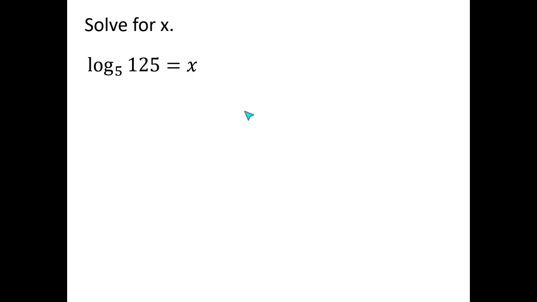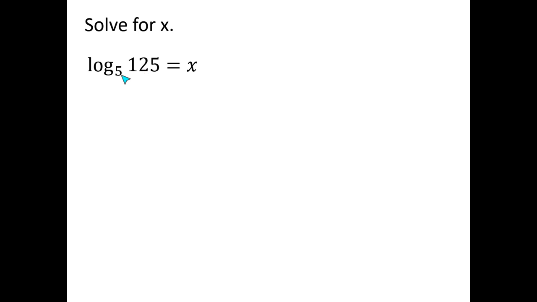So there are different ways to solve these functions. One of those ways is going to be to convert this equation from logarithmic to exponential. The other way you can do this is you can ask yourself, what power does 5 have to be to give you 125? And so if you can look at it this way, then that's one way to solve it.